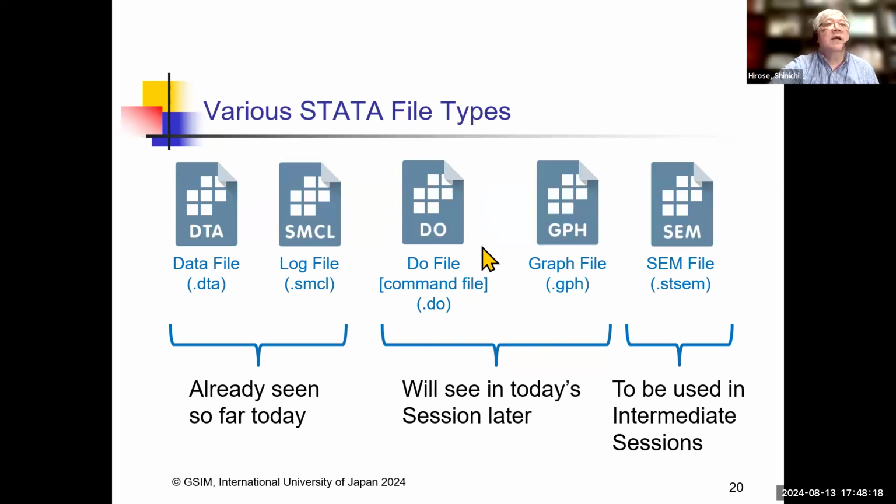The do file is the command file. If you have a series of commands which you want to run again and again, then you can create a do file and run it to process a series of statistical analyses automatically on the given data set.